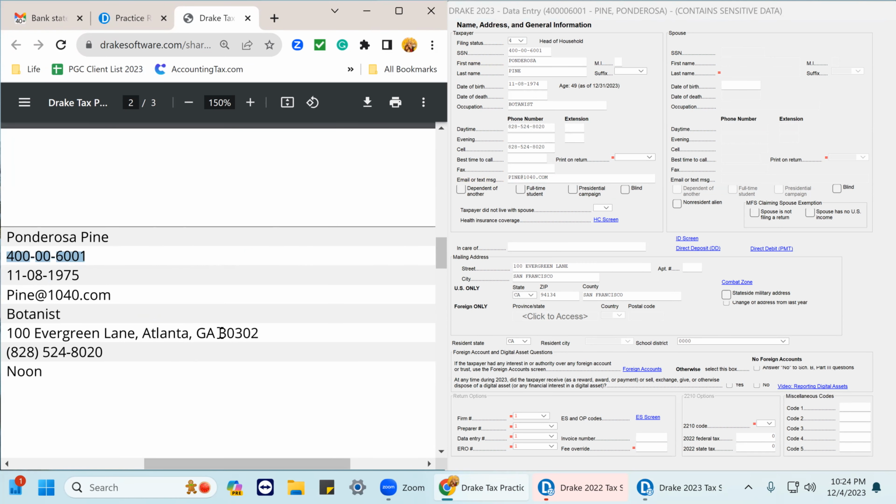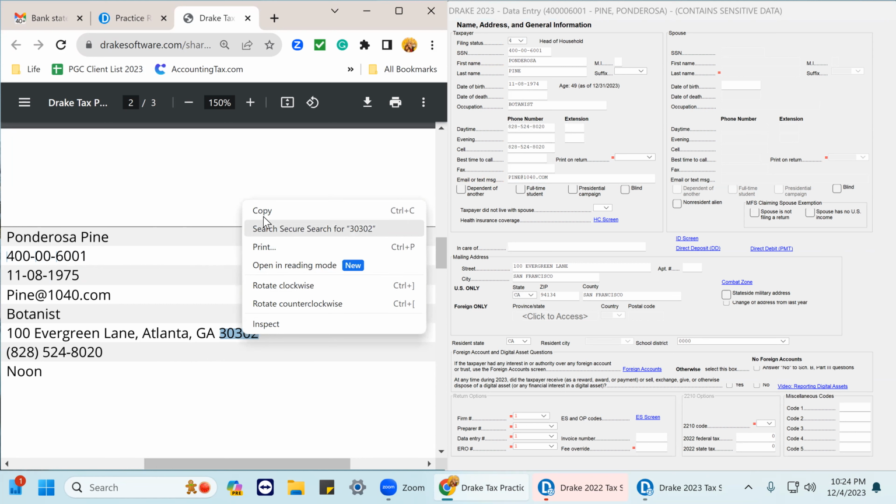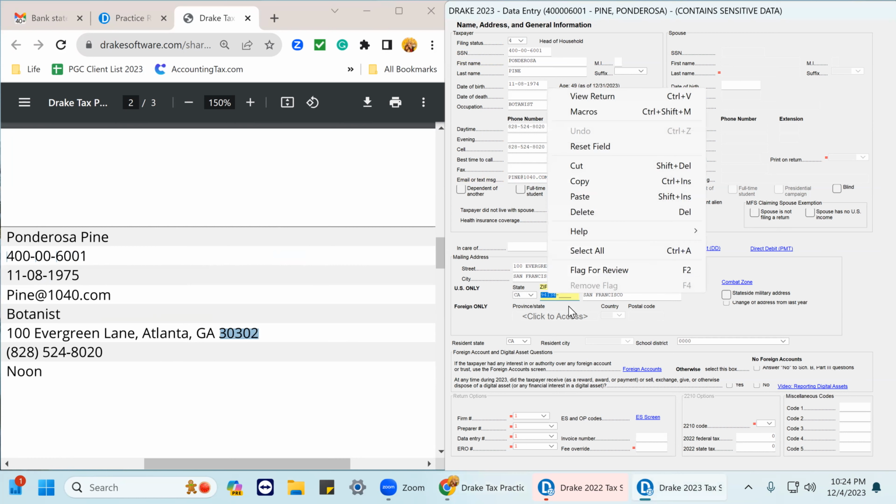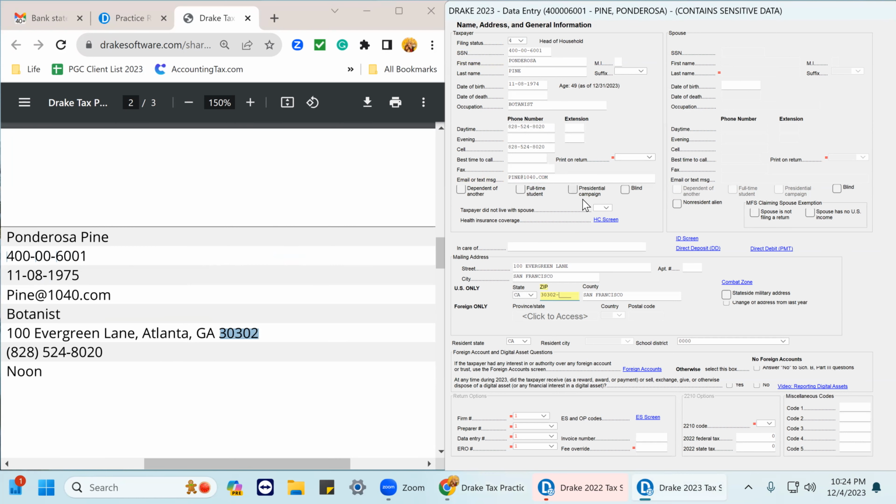Now, here's the cool thing about this software. In a PDF, you can actually copy. I highlight it, copy, come here, paste, enter. So you don't have to put in all the city details.